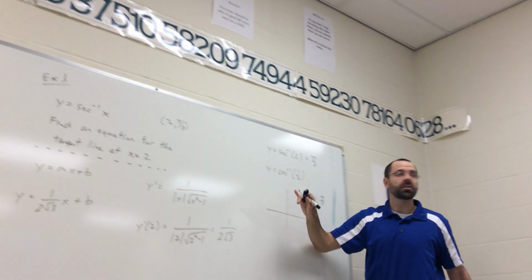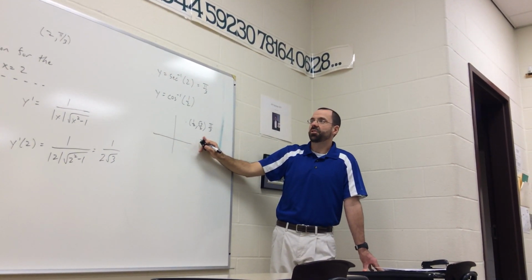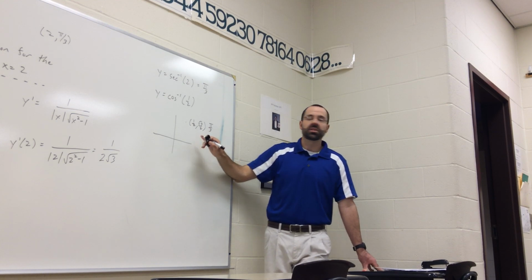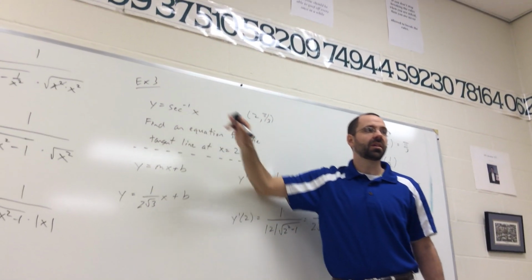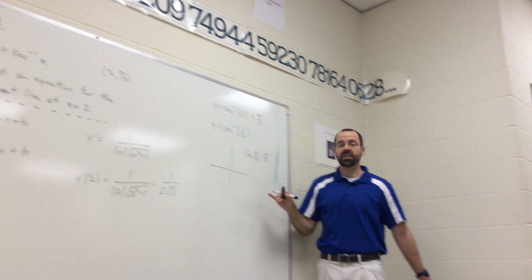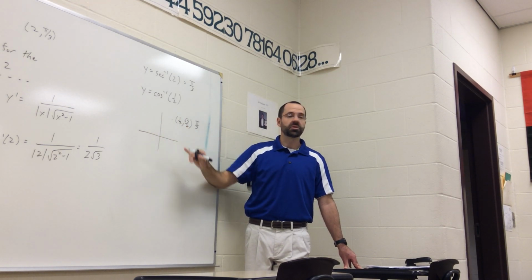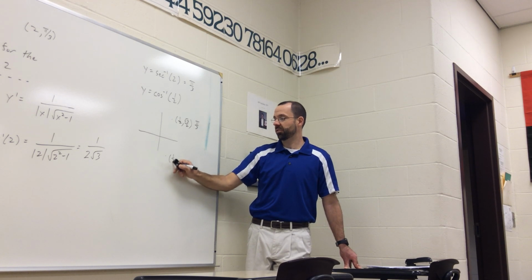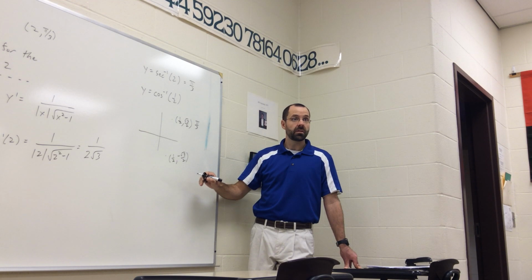Yes? Yes, so we have to decide what the output of inverse secant is going to be. And the output of inverse secant is always 0 to pi. So what Krista is saying is that down here is 1/2, negative root 3 over 2, right?